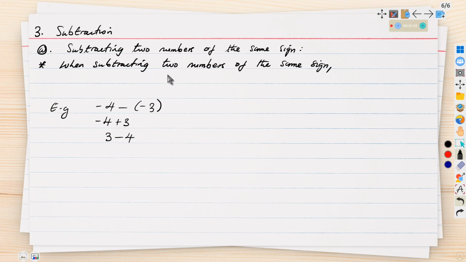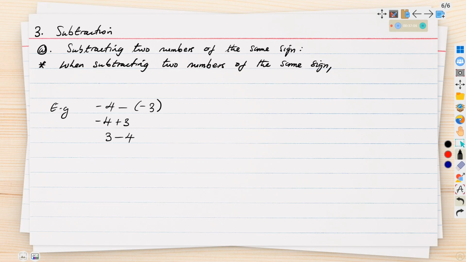So when subtracting two numbers of the same sign, what happens is that they differ, so you need to actually follow what happens. If the large number is negative, then the final answer will be negative.